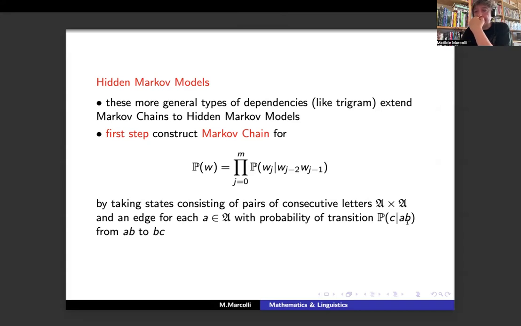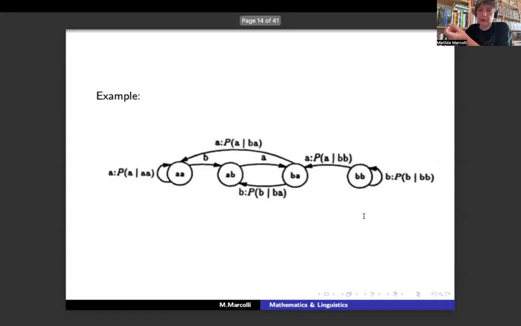So given the previous two occurrences, the probability of transitioning to the next one. This is the n-th element in the sequence, this would be the (n-1)-th, and this would be the (n-2)-th. So it means that you want to go from a combination A, B to a combination B, C. This would be the transition here.